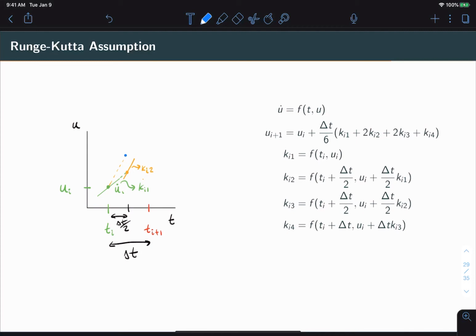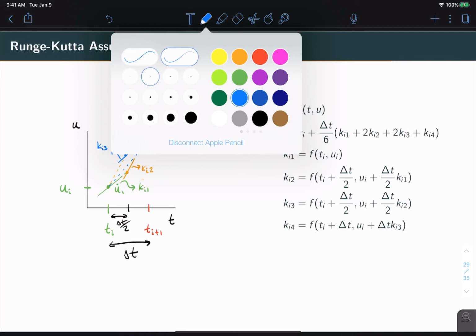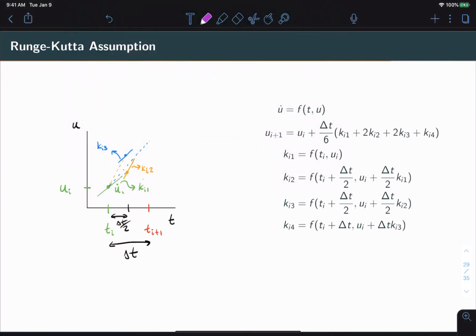Here it calculates a new velocity, which we'll call ki3. The method then again uses that calculated ki3 to project this time all the way to the final point, which we'll call ui plus 1 prime, and calculates a final velocity at this point, which we'll call ki4.